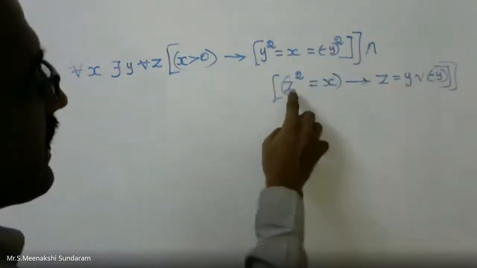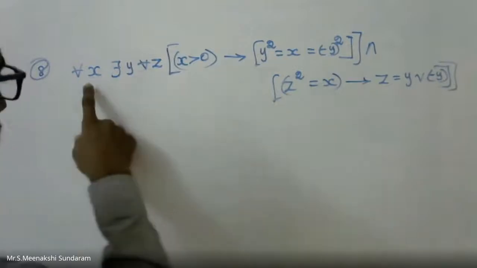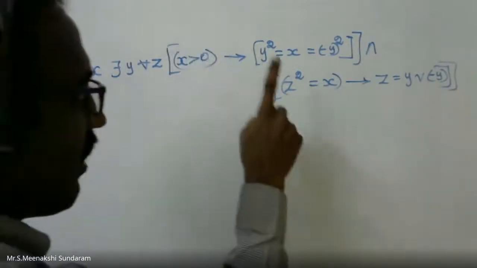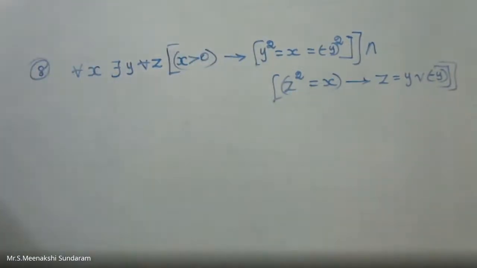Reverse process. Z square equal to x, for all x, for all z, z value is plus or minus x. Therefore, the statement is: every positive real number has exactly 2 square roots.